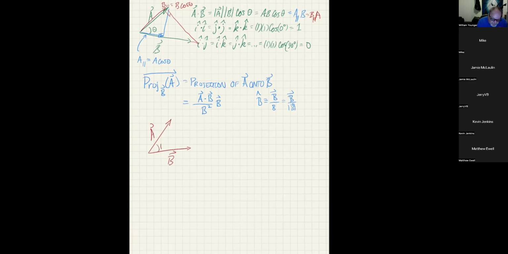Okay. And this will be the angle theta. Now I'm going to be smart and I'm going to consider the addition of A plus B to be a new vector C. So I'm going to slide A over here. And it's going to be right there.